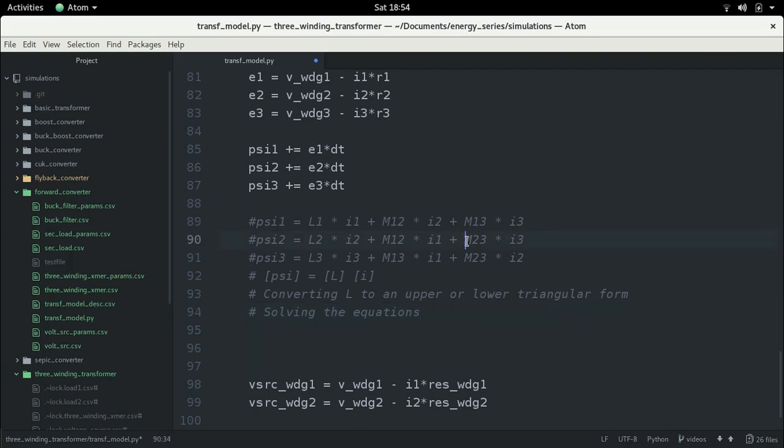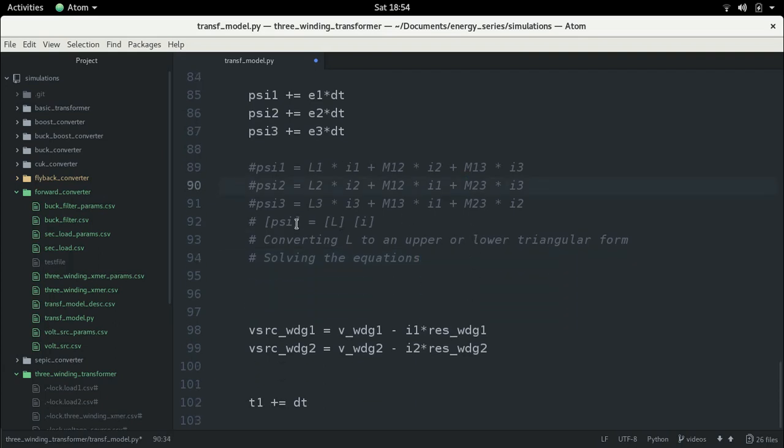Right? This is the correct way to do this. Why? Because this generic method can be applied to any transformer with any number of windings. So even if you have 10 windings, you can always express them in such a matrix form and you can solve them. Now in this lecture series, I will not be doing this because this solution requires several lectures, right?